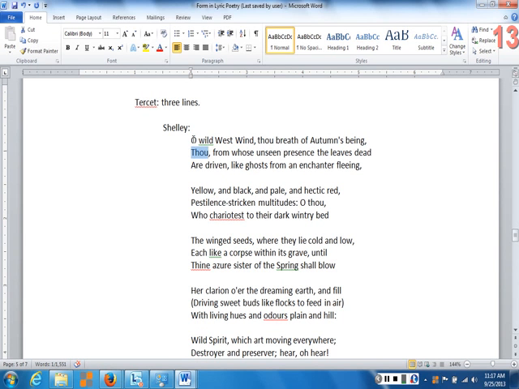Second line, "Thou from whose unseen presence the leaves dead are driven, like ghosts from an enchanter fleeing." Three lines.